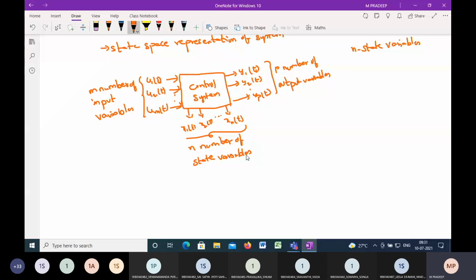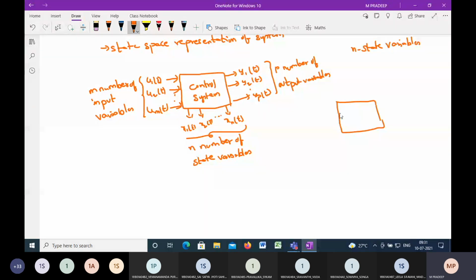So what we mainly observe is that the total state space representation of your system consists of m inputs, p outputs, and n state variables. What is the notation which we are going to consider for the representation?